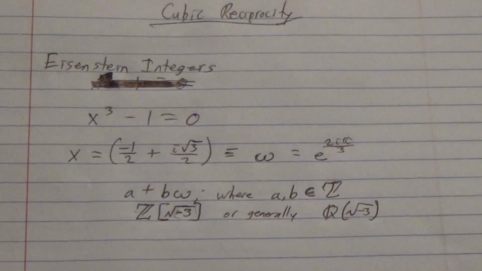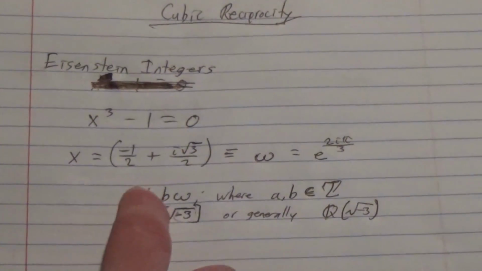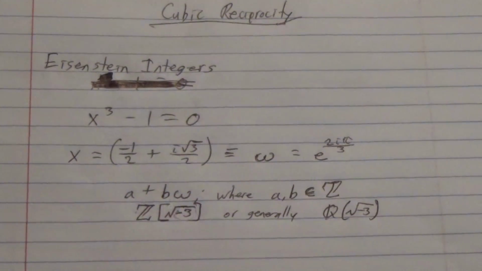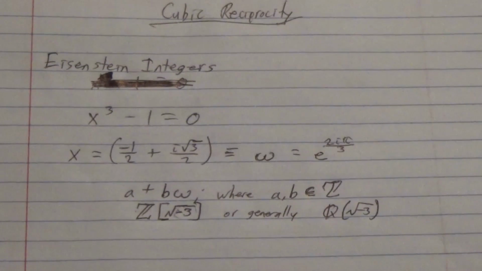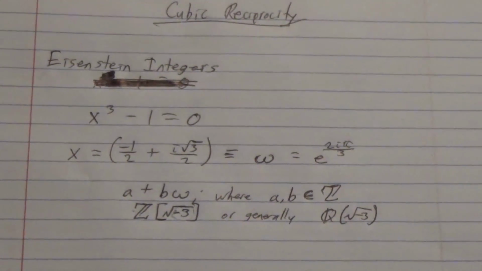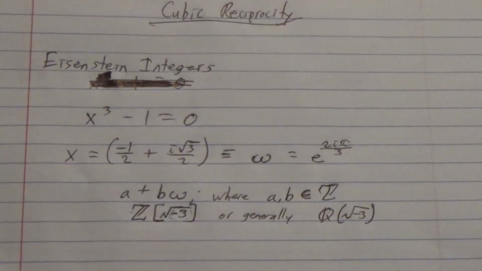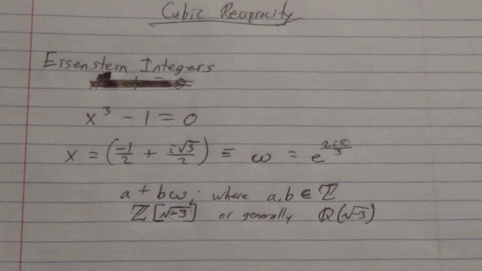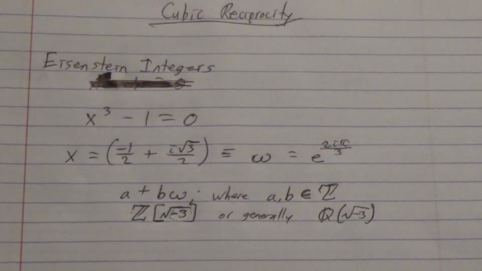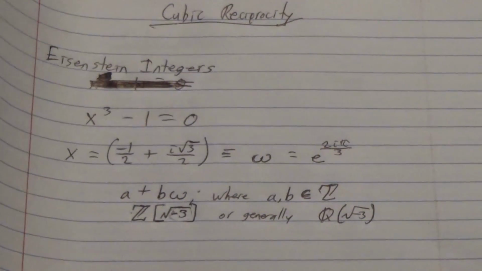Or we can also have Z of the square root of 5, where every element of that ring is of the form a plus b root 5, where, of course, a and b are integers. So these are just some common examples of different kinds of rings that we can construct by adding this new object that is the square root of some number. Very often a prime number is actually what it is. And that's very interesting.